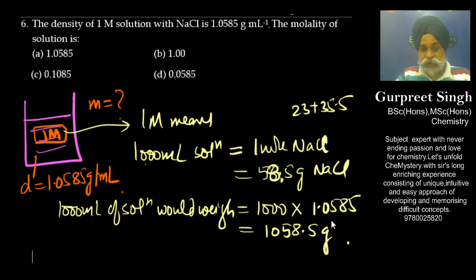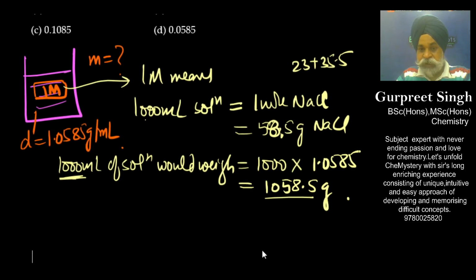So 1000 ml of this solution would weigh this many grams, which is the mass of solvent and solute together, and 1000 ml contains this much solute.